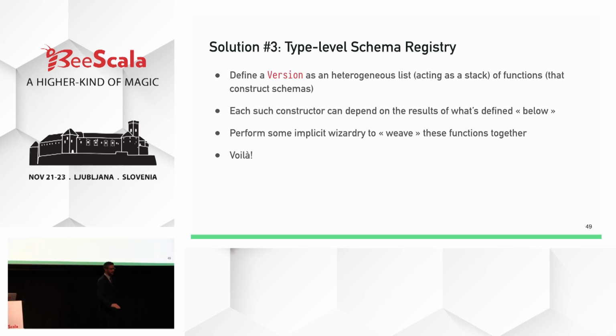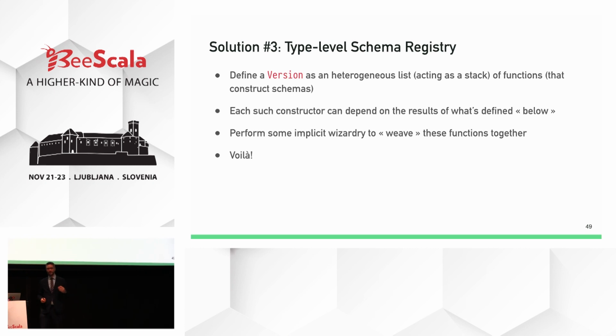At the bottom of the stack, you put functions that produce the schemas, the smallest schemas you have, the ones that don't depend on any other. And the version class allows you to put something else on the stack that is a function that will take parameters, as long as these parameters are already produced by some function below on the stack.